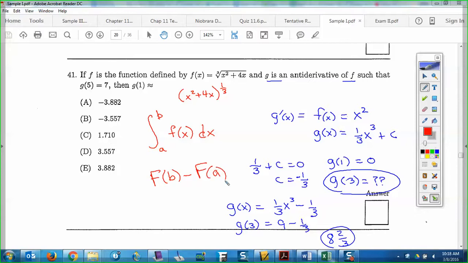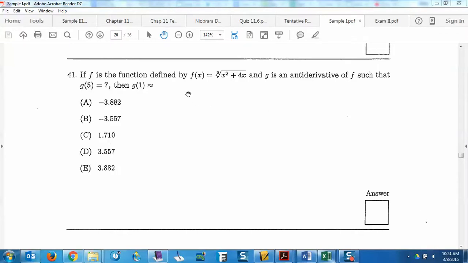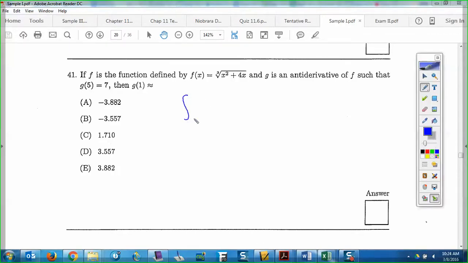Now, what's another name in this problem for big F? G of b, right? So let me erase a bunch. Let me get rid of this and start over here. So according to fundamental theorem part 2, and Jamie, I hear what you're saying, but let me just write this down. According to fundamental theorem part 2, wouldn't this be true?